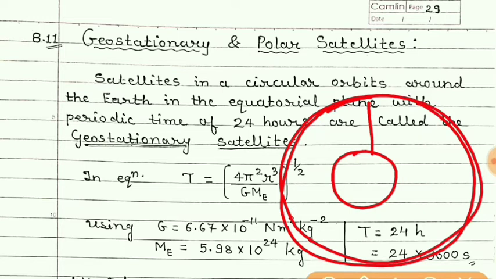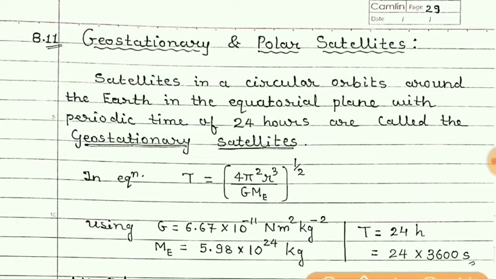Satellites which are orbiting the earth along the equator are called equatorial satellites, and geostationary satellites are equatorial satellites, meaning they revolve around the earth along the equator.